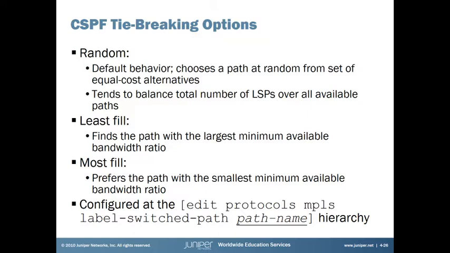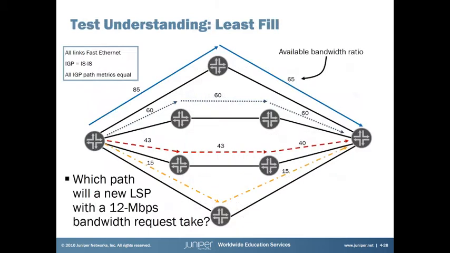We can change that in the edit protocols, MPLS, labels with path name hierarchies. We're going to change the default behavior. Let's take a look at this tie-break mechanism. Remember, this only happens if we fulfill all of our requirements and come up with more than one path.